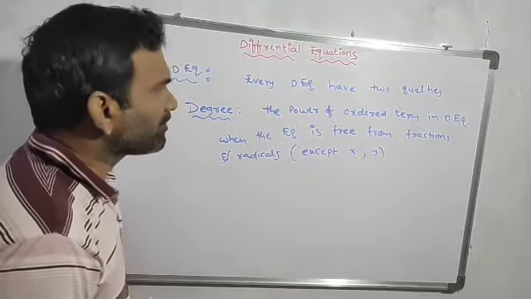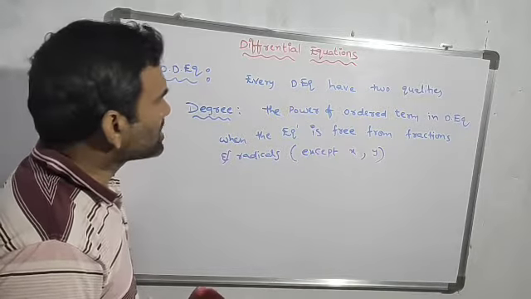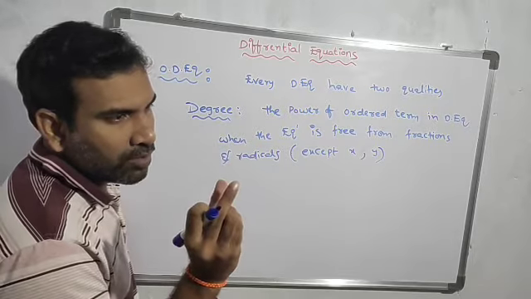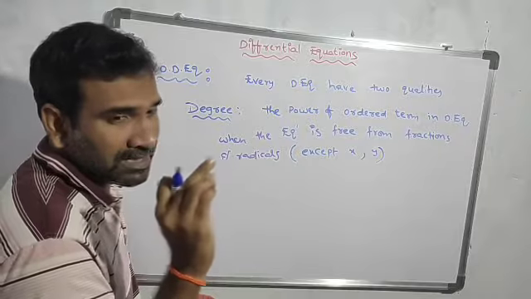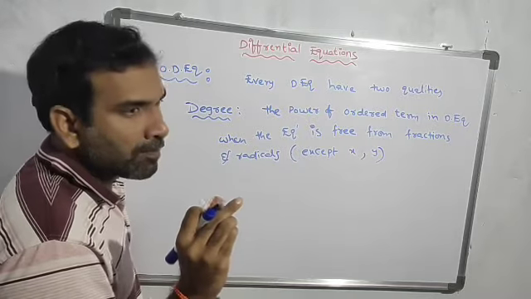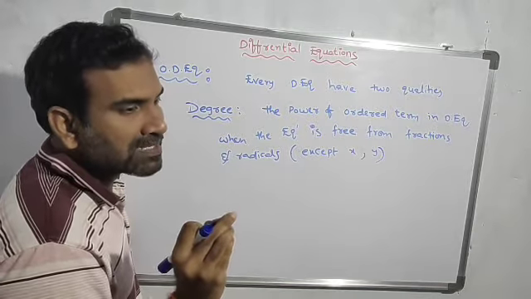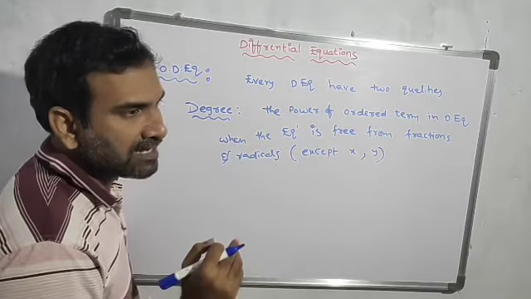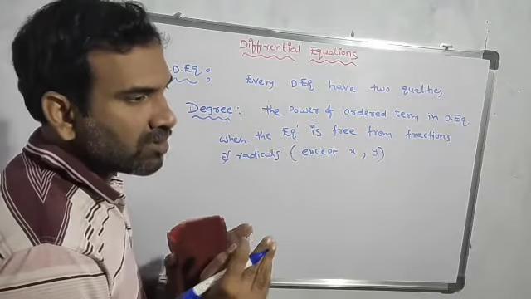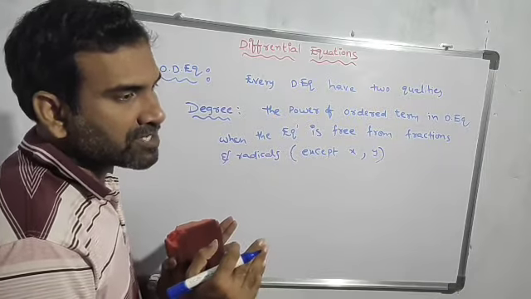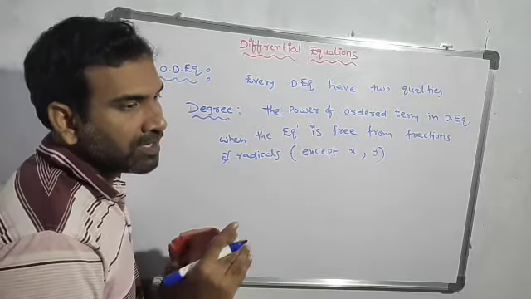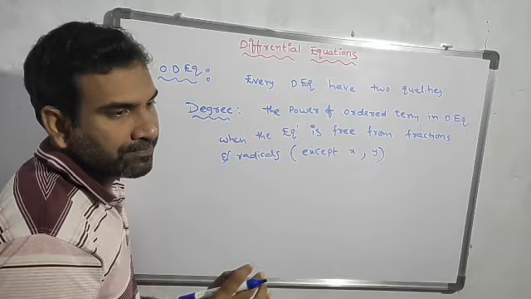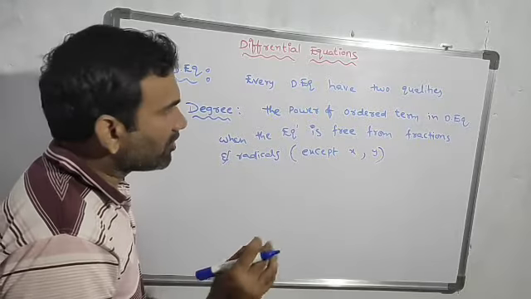What does this mean? To find the degree, first we have to find the order value. The power of the ordered term is called the degree. But the condition is compulsory: the differential equation must be free from fractions and radicals in the derivative powers.